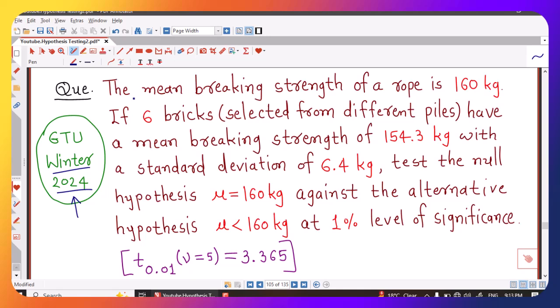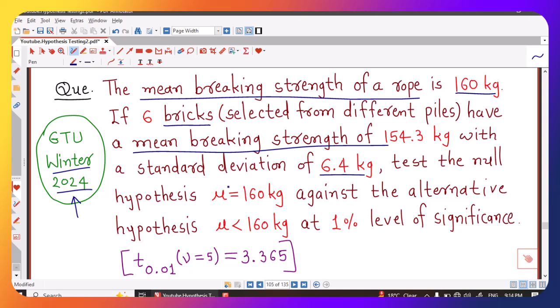We are given that the mean breaking strength of a rope is 160 kg. If 6 bricks have a mean breaking strength of 154.3 kg with a standard deviation of 6.4 kg, test the null hypothesis mu equal to 160 kg against the alternative hypothesis mu less than 160 kg at 1% level of significance.